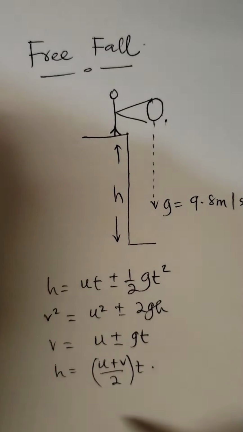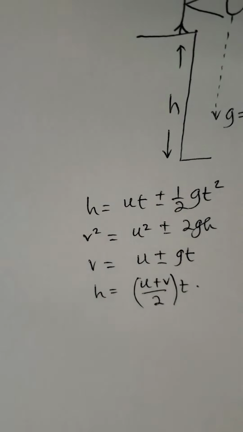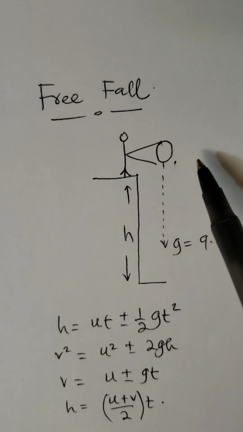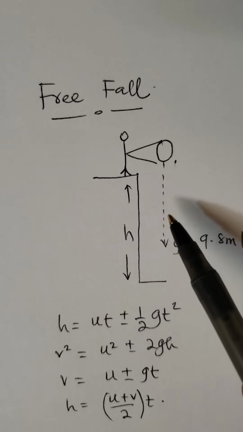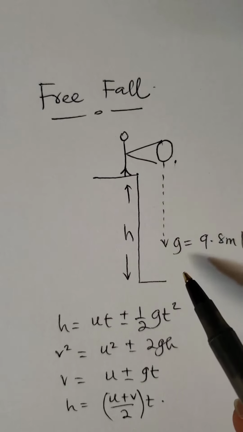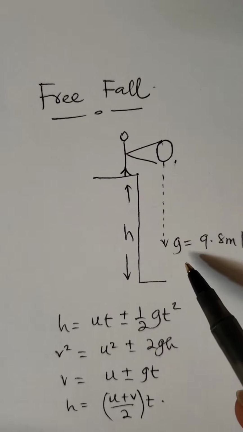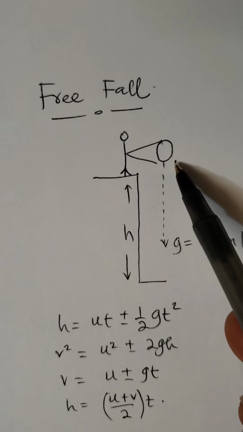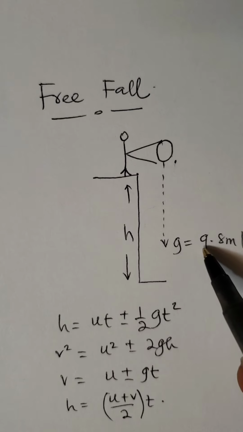The first conceptual characteristic is that if an object like this object is dropped freely from an elevated height, this object will experience a positive acceleration. Now, why is it so? It's because this object is falling in the same direction as gravity, so we label this G to be positive.